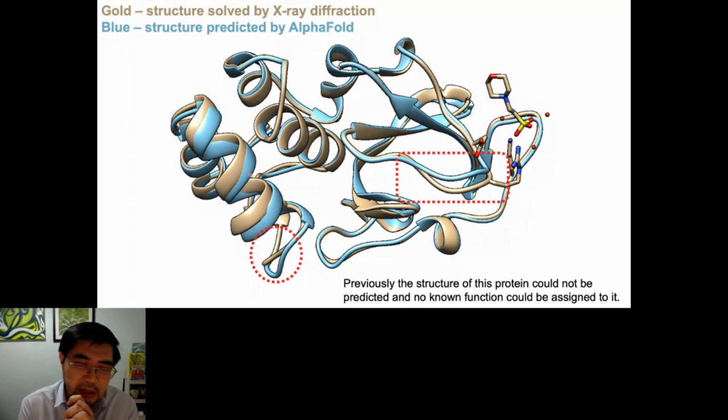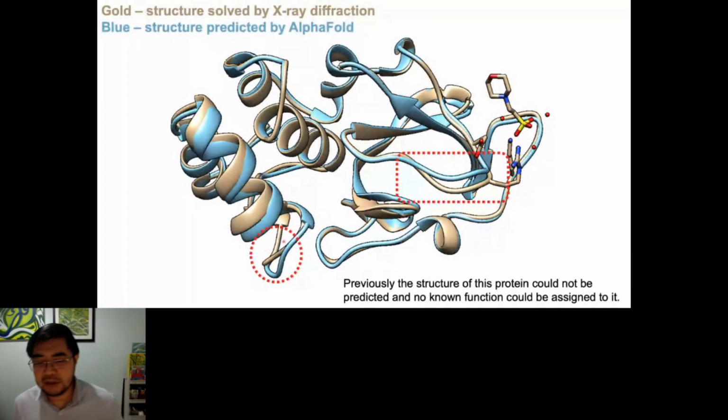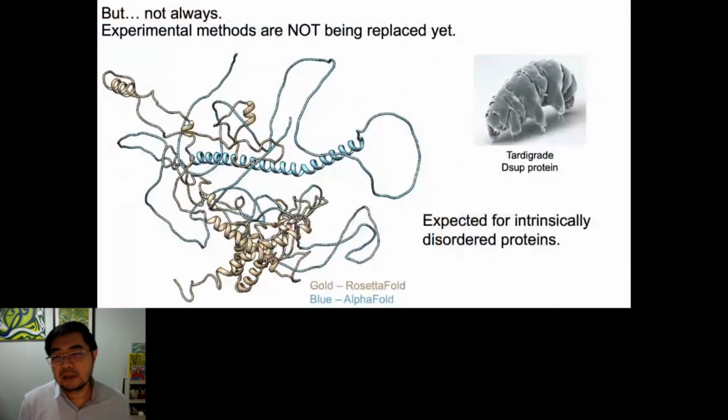As you can see quite clearly, there is very little difference, and most of it superposes quite well, although you can see some variations in the loop regions there. Okay, but in general, the prediction was quite good, but not always, especially for intrinsically disordered proteins.